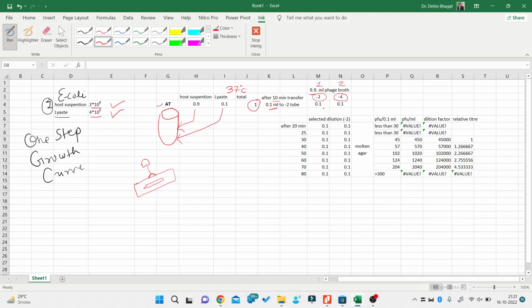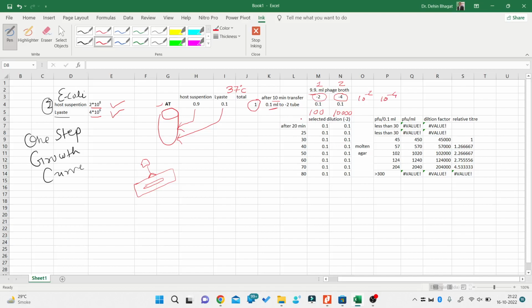It's a 100 times dilution, which is why it is 10 raised to minus 2. Then add 0.1 ml into the next tube, so that is 10,000 times dilution of the original. So we take these as 10 raised to minus 2 and 10 raised to minus 4.